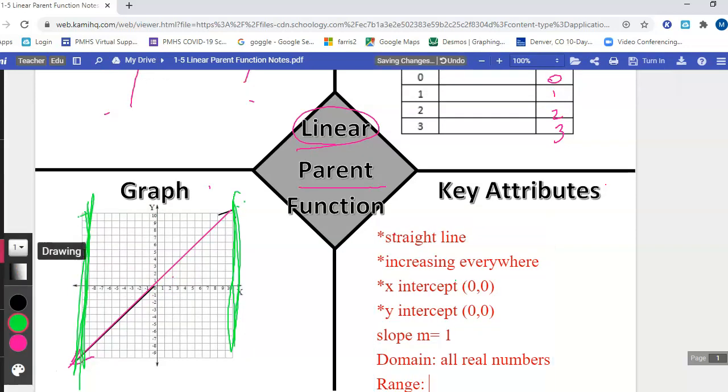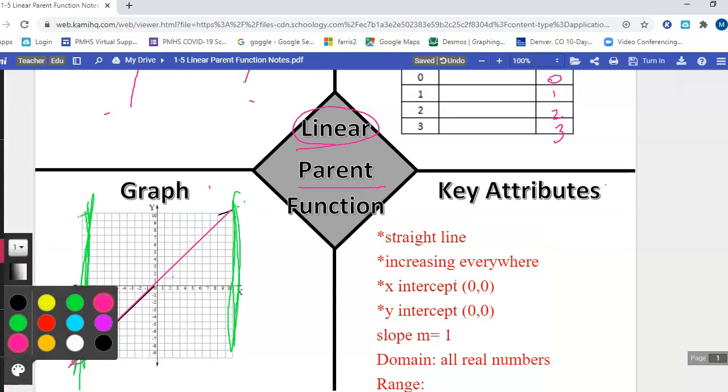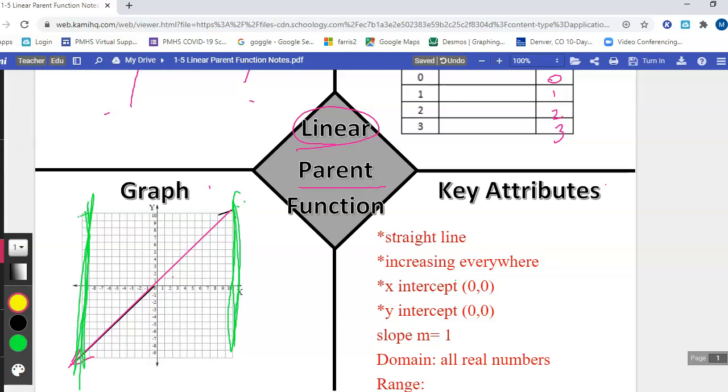So if I look at my graph, the range goes bottom. There's my bottom point. Here's my top point. And at the bottom, I have an arrow. And at the top, I have an arrow.